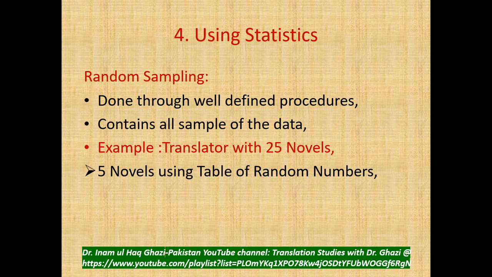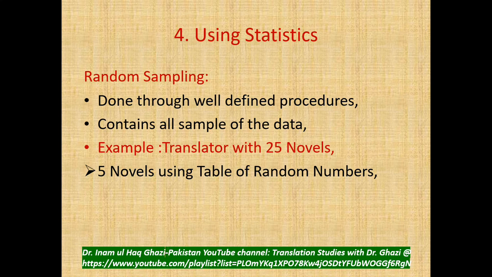If a researcher is studying 24 novels of a translator, it is impossible to study the whole data or the text available in the 24 or 25 novels of a single translator.